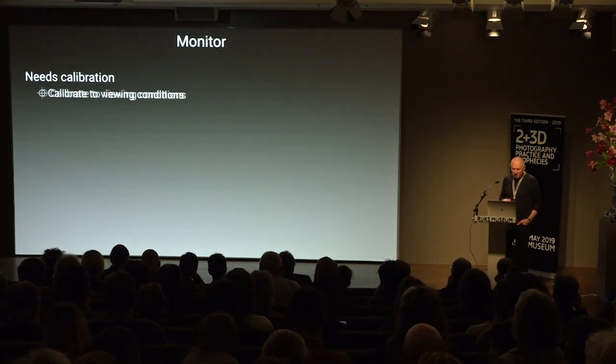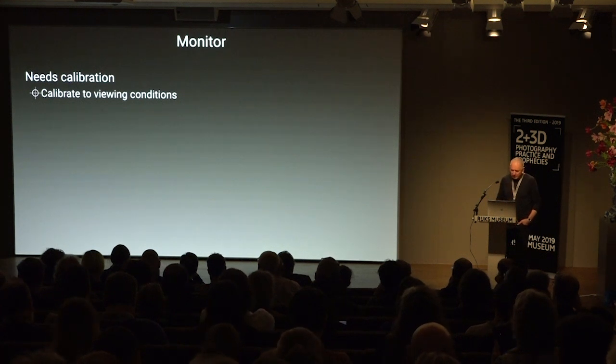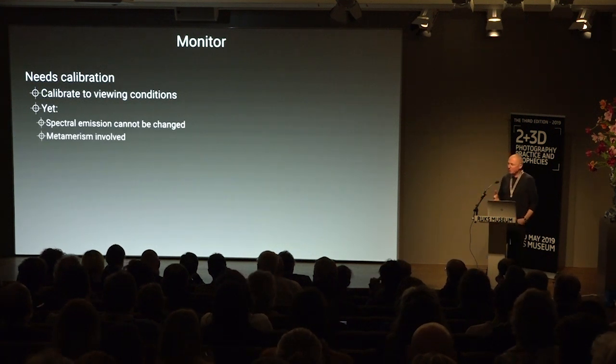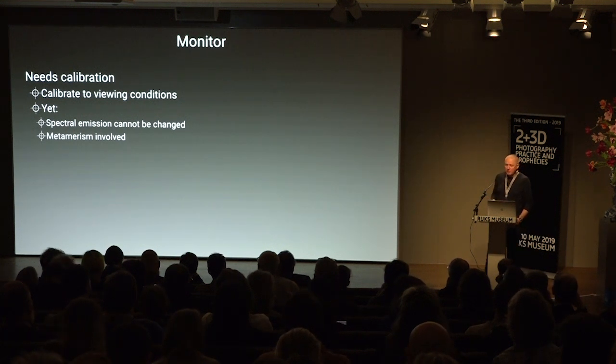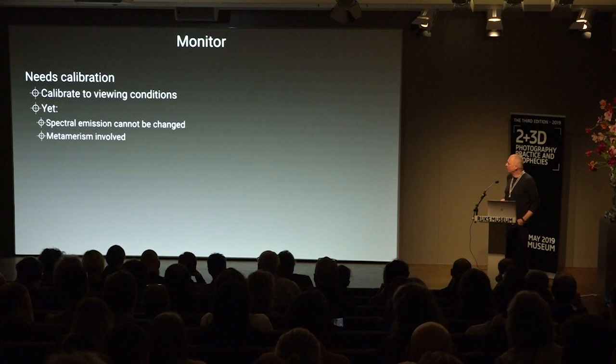So the monitor needs calibration, and we should calibrate the monitor to the viewing conditions so that you don't have simultaneous contrast between your viewing light and your monitor. What we cannot change in a monitor is the spectral emission of the monitor.